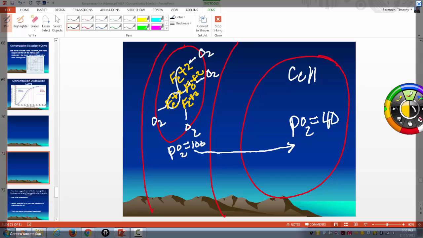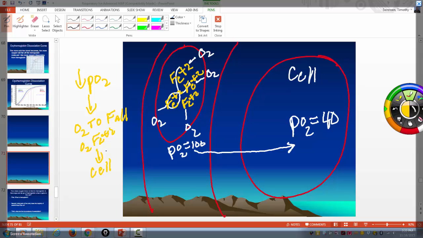And when the PO2 drops, which it will, at the systemic capillary in the cell, when there is low PO2, that will cause oxygen to fall off the iron. And when it can't bind to the iron mineral, it falls off and it will go into the cell.